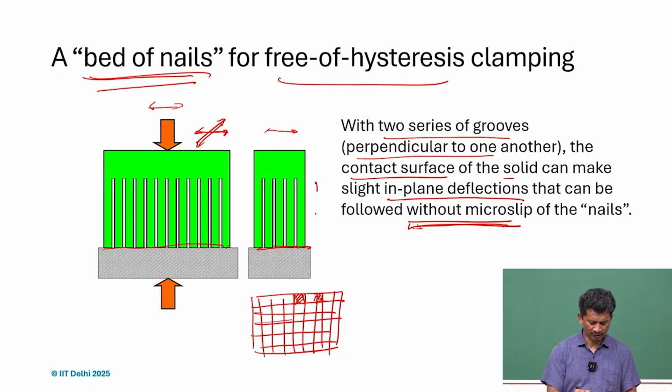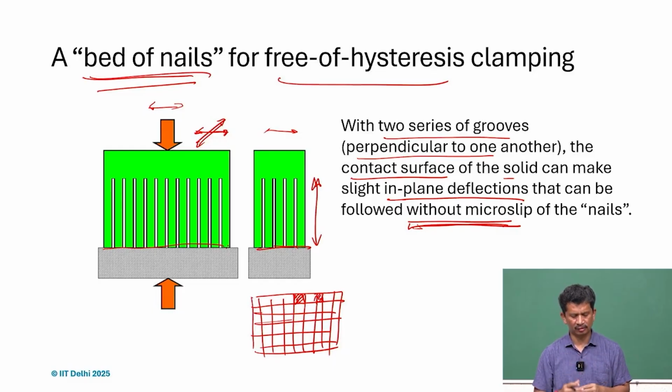Of course, here the length and the width of each nail is important, because if it's too long, then because it's a compressive load and it has to be preloaded, we have to take care of that. And of course, whenever we are designing things using compliant mechanisms, we also have to know the limitations and we have to check for that.